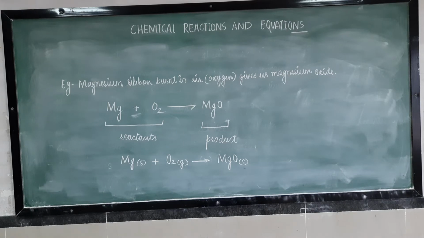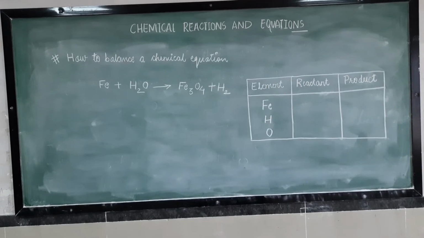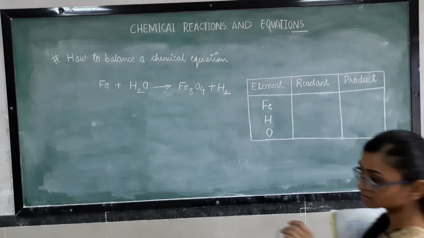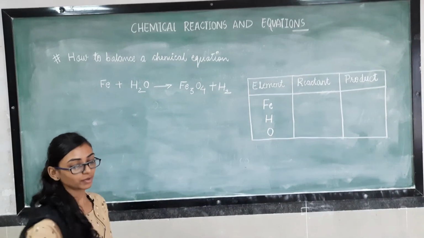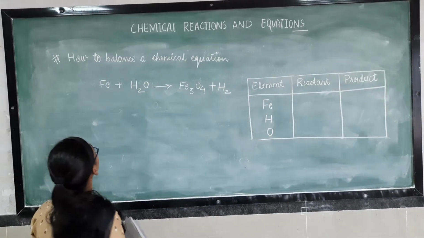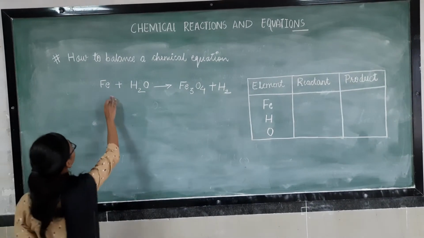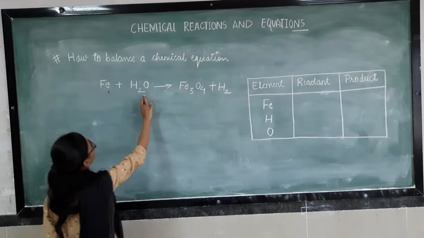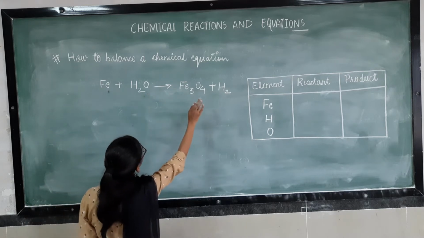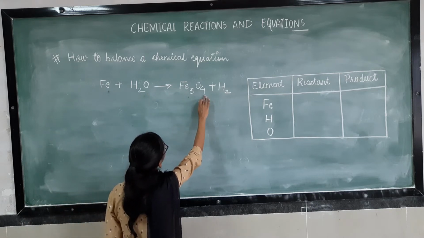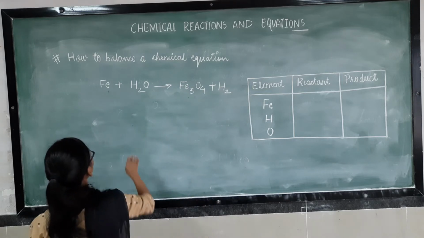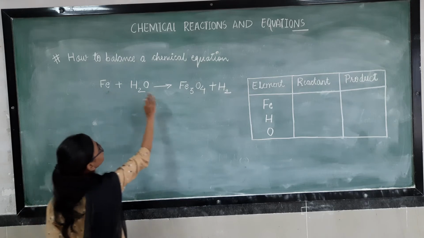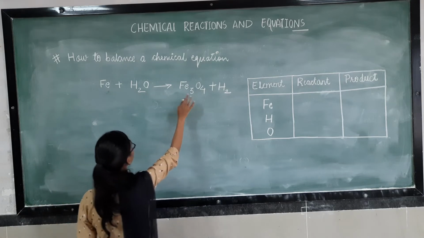Is this chemical equation balanced or not? Now we'll see how to do the balancing of an equation. So first we'll see this equation, that is Fe plus H2O combining to form Fe3O4 plus H2. In the reactant side Fe is 1, here the atoms of Fe are 3.